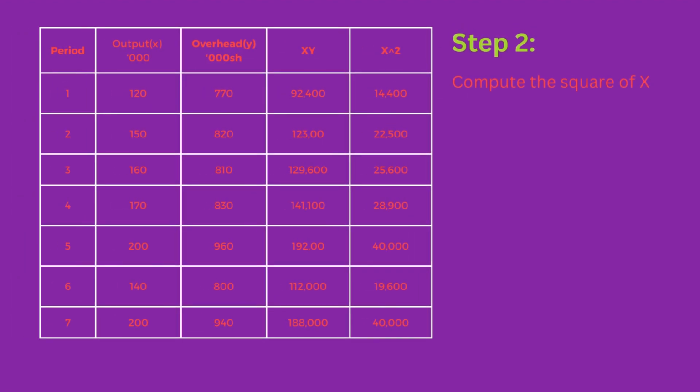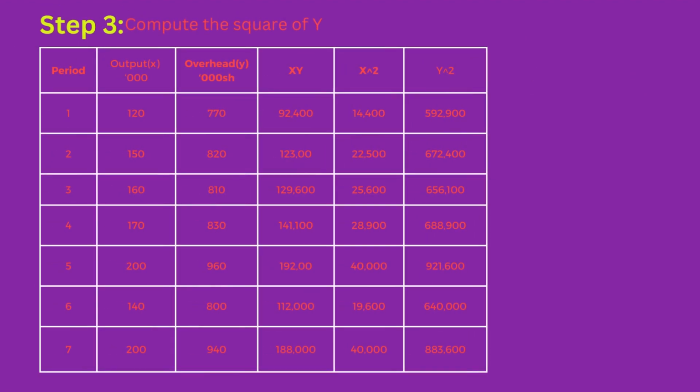In step 2, we compute the square of x. So it's the column where we have the output. That's our x. So we square every output from period 1 to period 7. So we have the fifth column, which is x squared. Now we have the values of x squared for each period. In step 3, we compute the square of y, which is y squared.